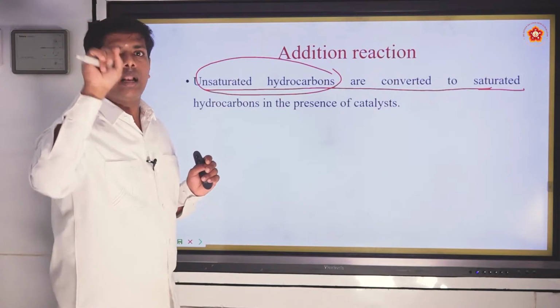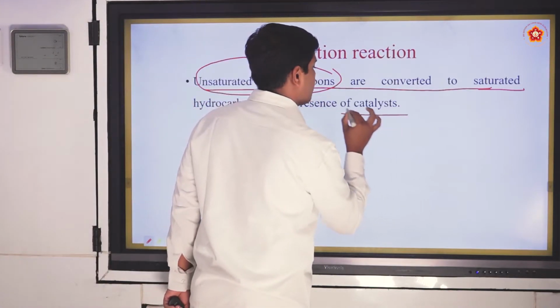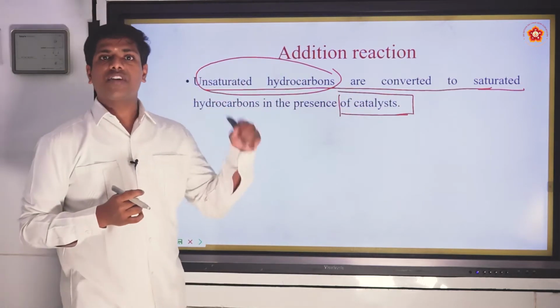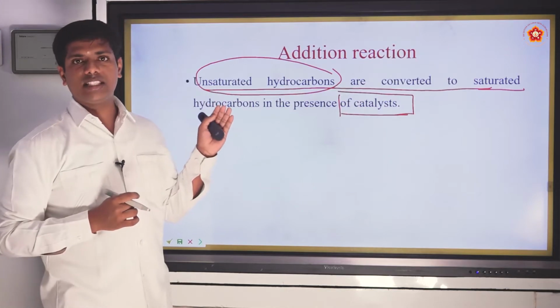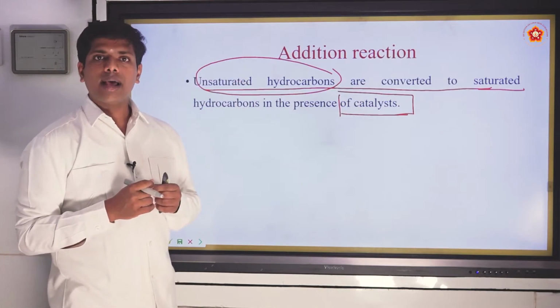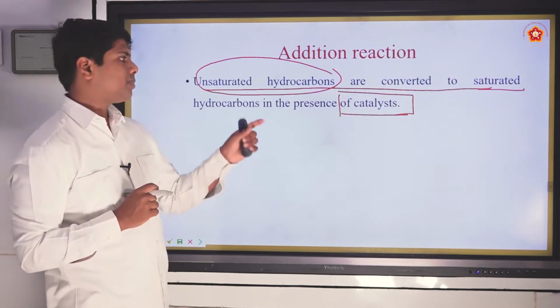Saturated means single bond compounds. In the presence of catalyst, very important word. What is addition reaction? Unsaturated hydrocarbons are converted into saturated hydrocarbons.